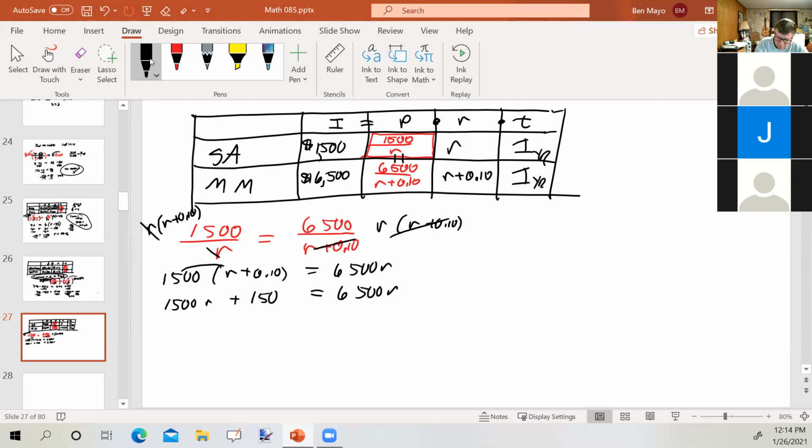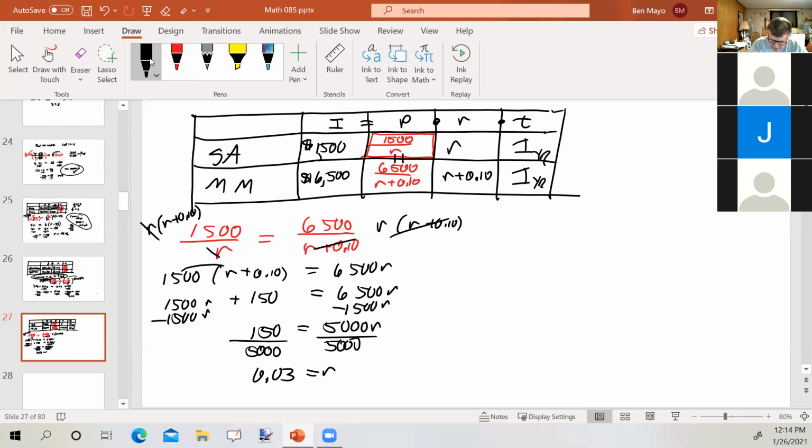Okay. I'm going to subtract 1,500 R from both sides. 150 equals 5,000 R. Divide both sides by 5,000. And R equals, if I take 150 divided by 5,000, I get 0.03.